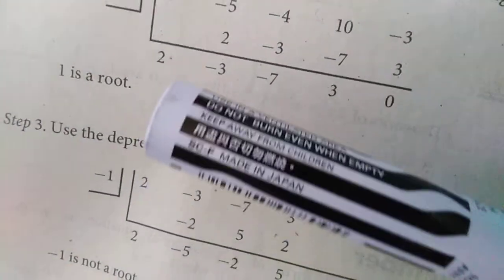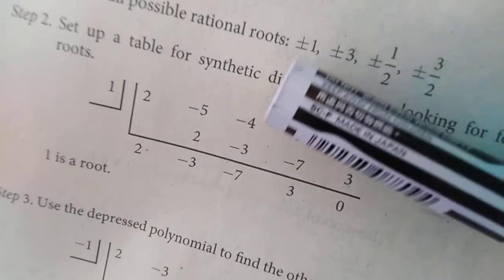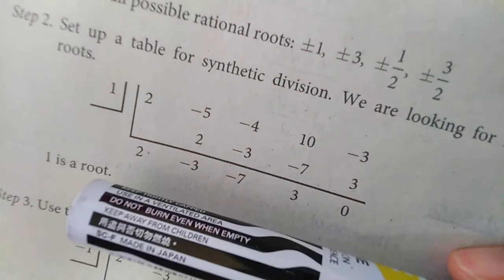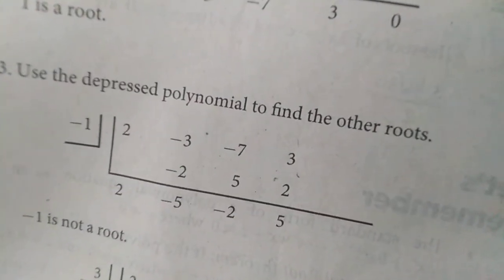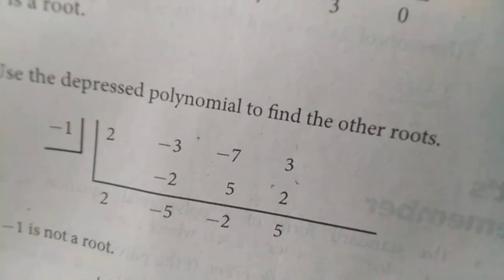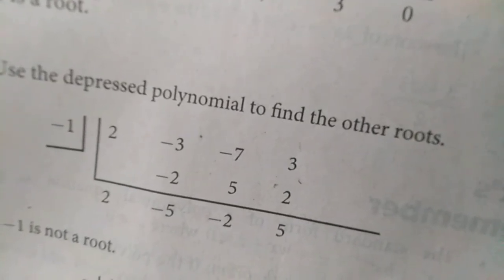Since our first possible root was positive and negative 1, and 1 is already a root, we go to negative 1. Let's use negative 1. Bring down 2, then 2 times negative 1 is negative 2.